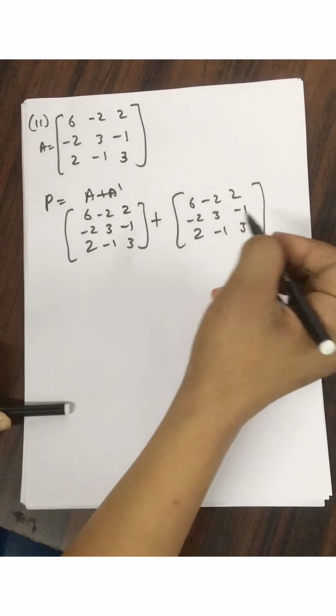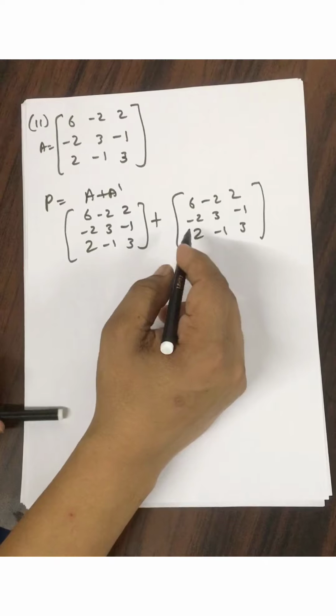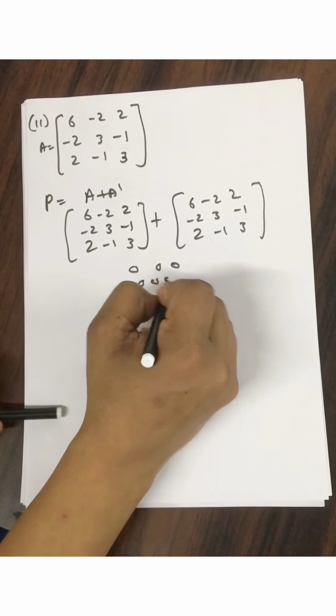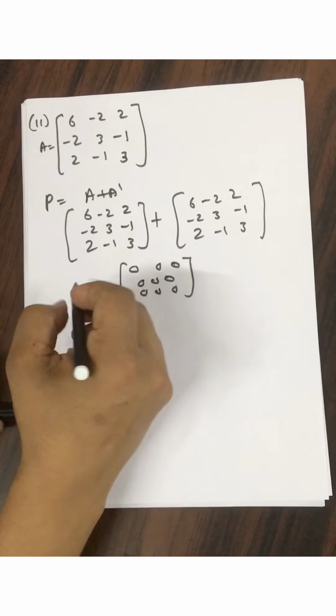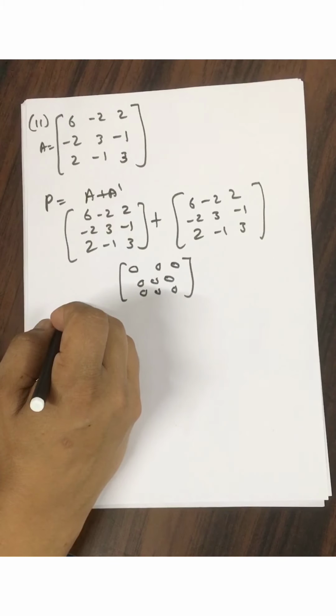How much is this coming? This is coming 0, all 0.